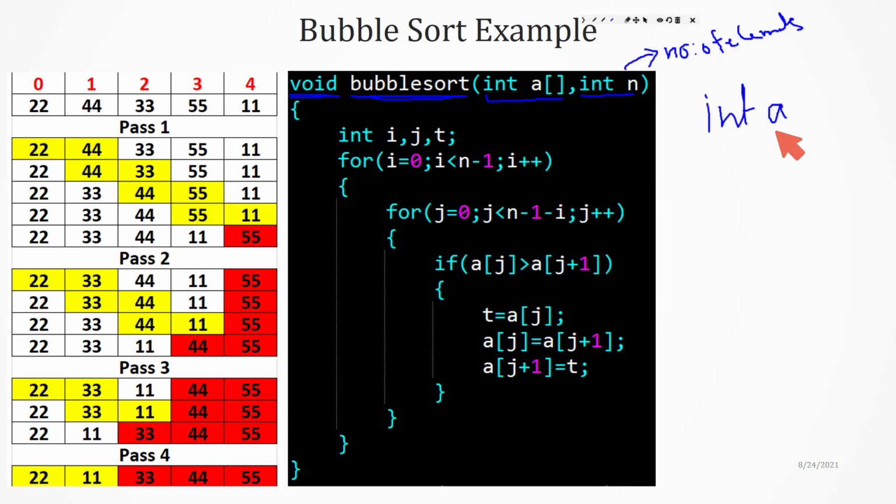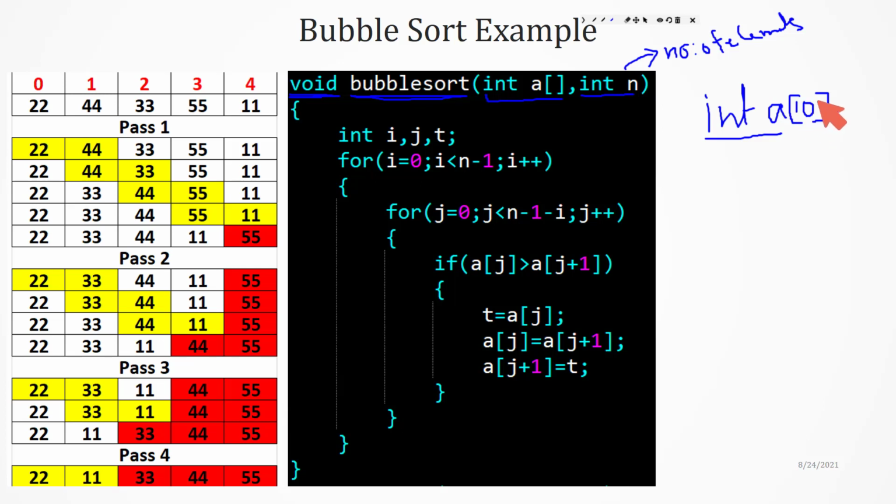This is an array. Only this much is needed to declare an array? No, sir. A square bracket will be there. Within that, what will I write? The number of elements, n. You can't write n, so I will write some number like 100.